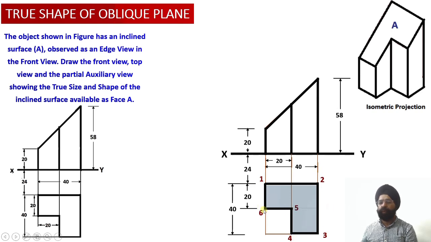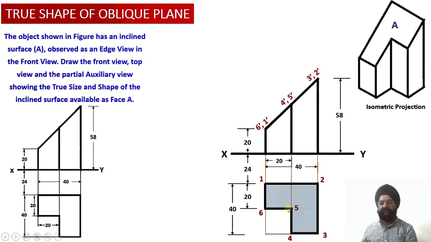Now all these 6 points we are going to carry forward and mark them in the front view edge view over here. So we are looking from this side. Looking from this side, this point will be 6 dash and 1 dash. So projections corresponding to point 6 and 1 will be 6 dash and 1 dash over here.